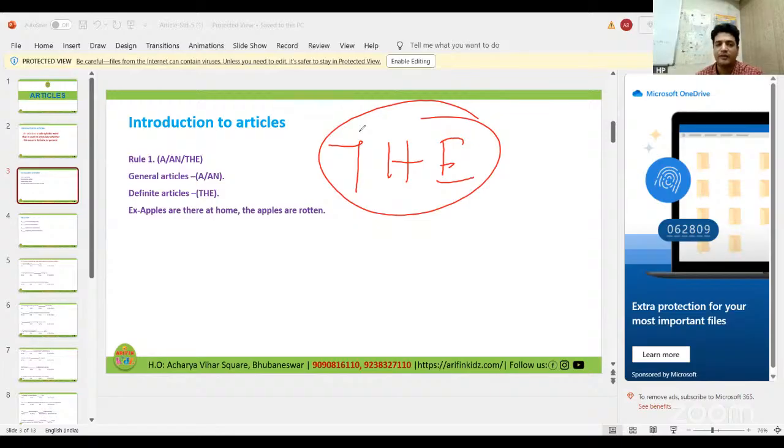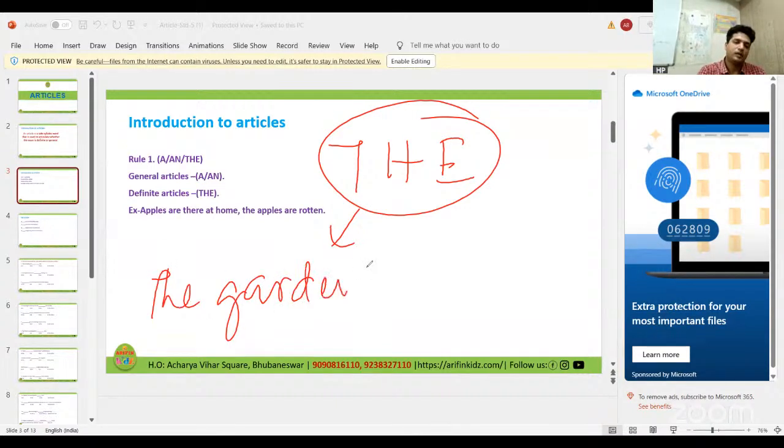For example, if you want to specify a specific thing, the garden is very green.